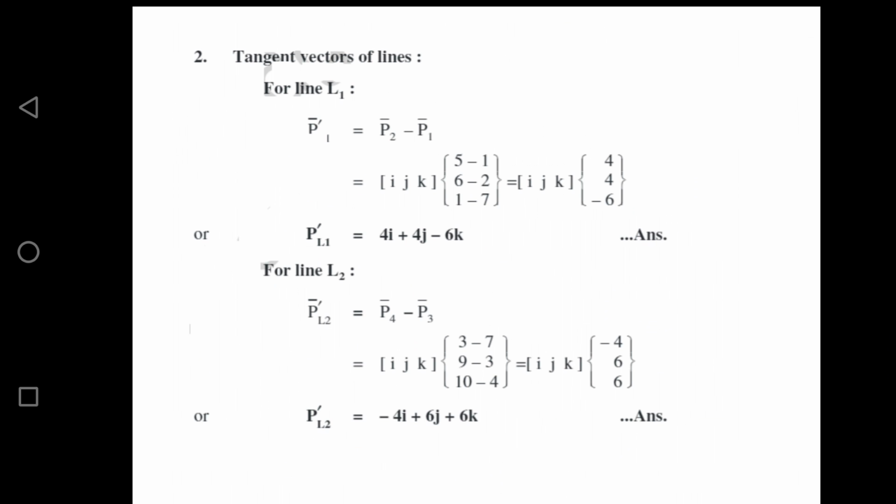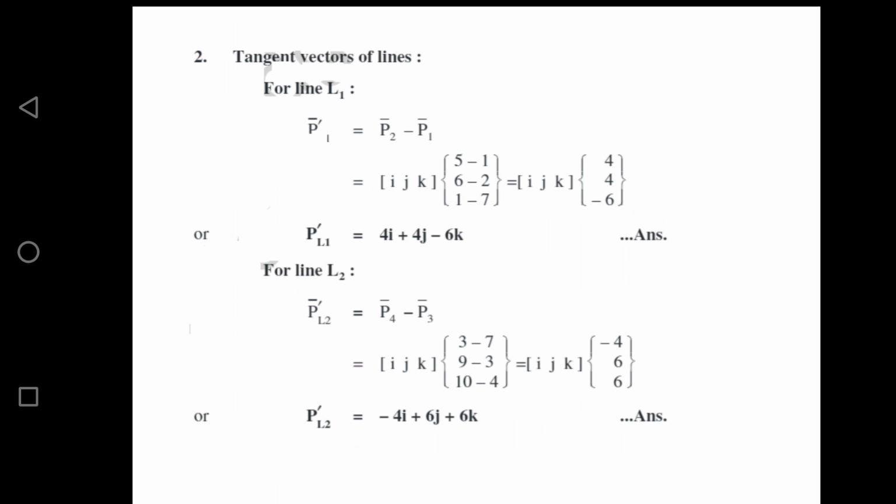So for line L1 we have P1 and P2. If we subtract P1 from P2, the positional vectors, we are going to get the tangent vectors. So let me write it down. P1 bar dash equals P2 bar minus P1 bar, where P1 bar and P2 bar are the positional vectors for points P1 and P2.